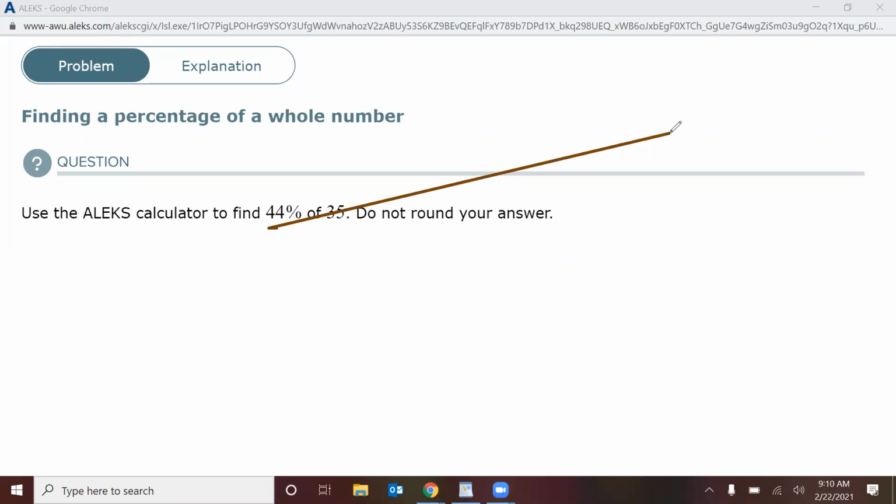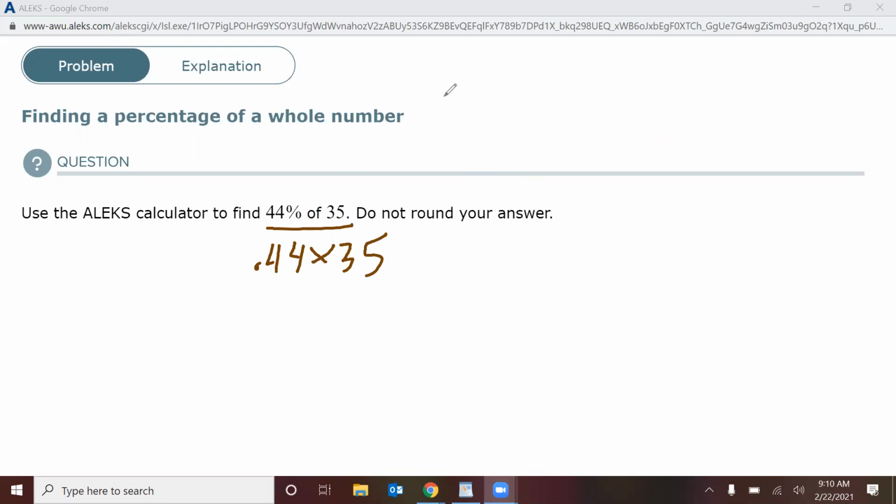To find 44% of 35, we would translate from English to math. 44%, as we saw, can be written as 0.44. 35 is just 35, and the word of means multiplication.